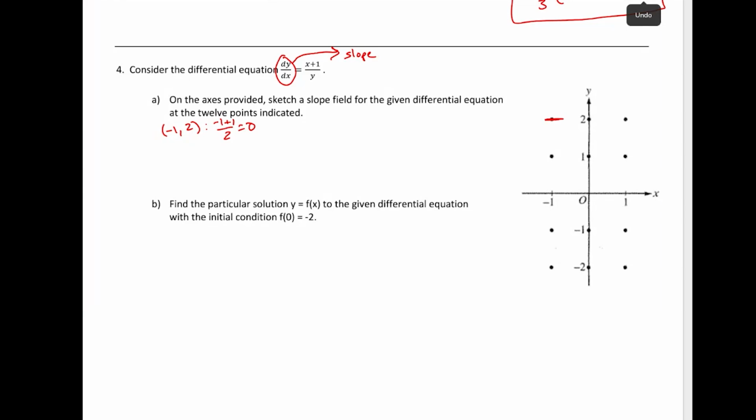And then as I'm looking at that, I'm noticing that when x is -1, that numerator is always going to be 0. So when x is -1, the slope should always be 0 here. So I'm just going to draw these horizontal lines all the way down. Now, here's something else that's kind of weird, is that when y is 0, when the denominator is 0, the slope is going to be undefined.